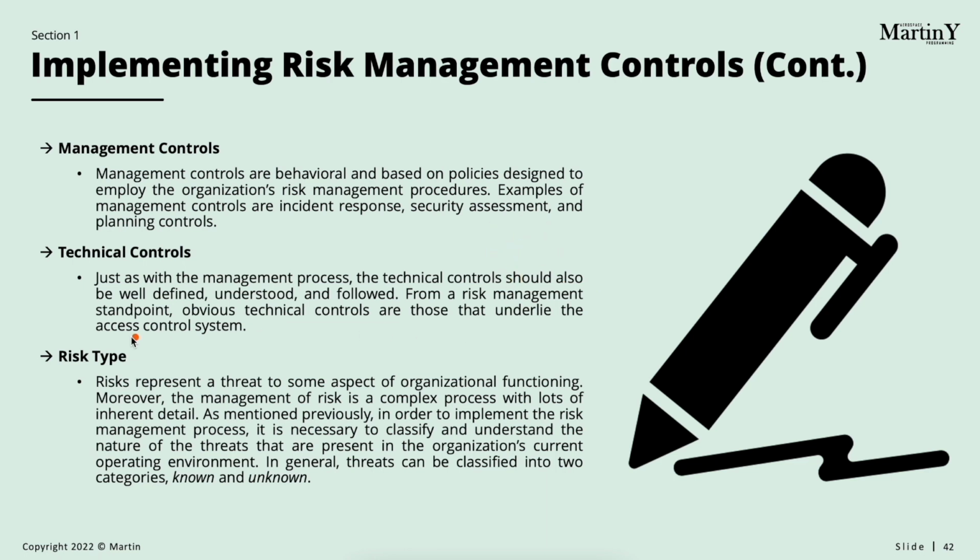And finally, let's talk about the risk type. So the risk type is exactly defining the classification and understanding the nature of the threats that are present in the organization's current operating environment. In general, the threats can be classified in two categories, known and unknown.